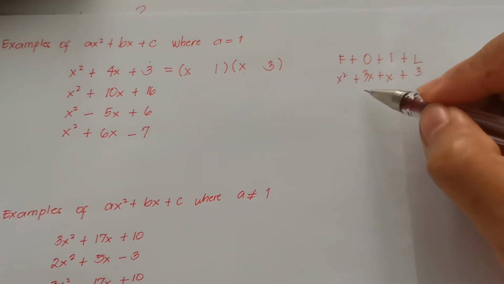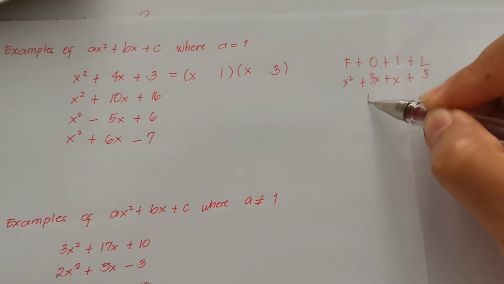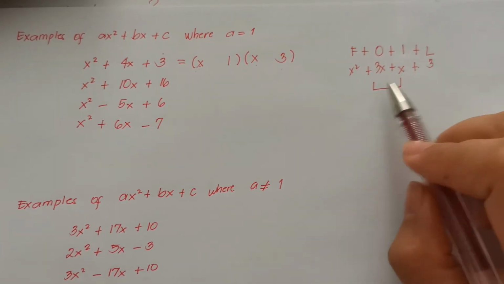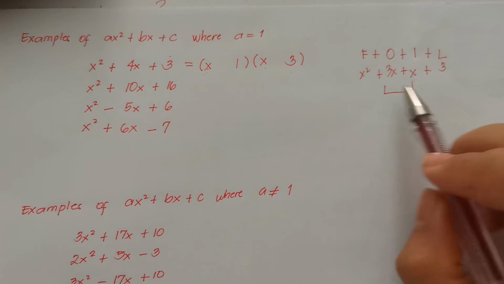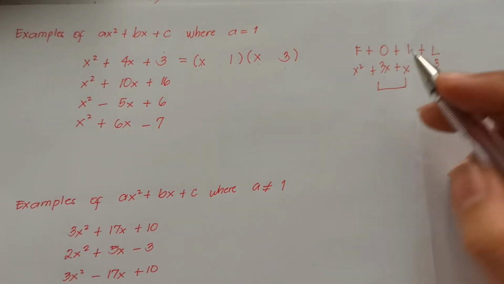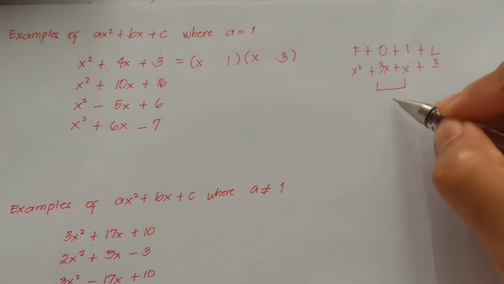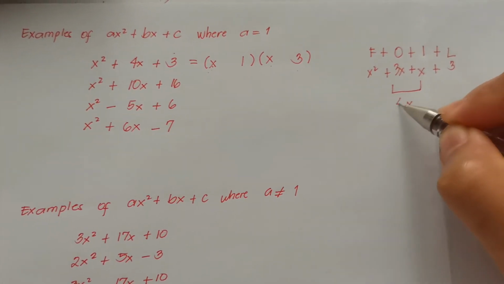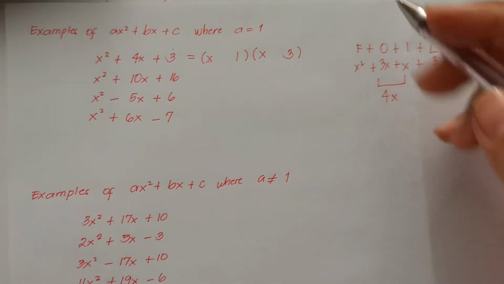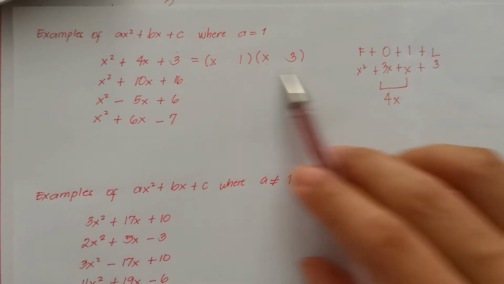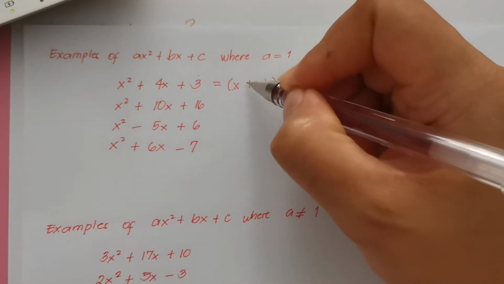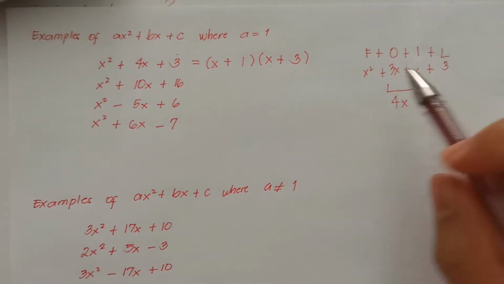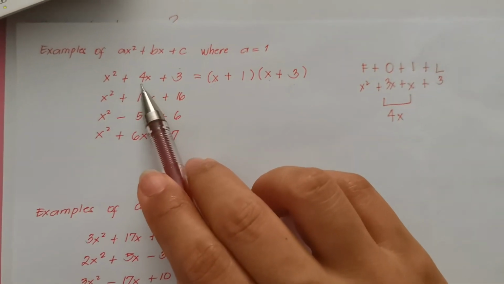If you're going to check, always remember to combine similar terms. We have similar terms here, both are x with an exponent of 1. So we can combine: copy the variable, combine the numerical coefficients. So we have 4x. With these factors, we have positive 1 and 3, so that the middle term of our trinomial will be equal to 4.